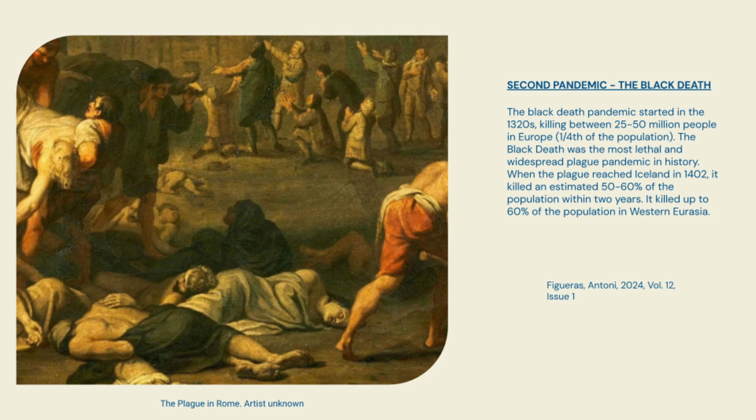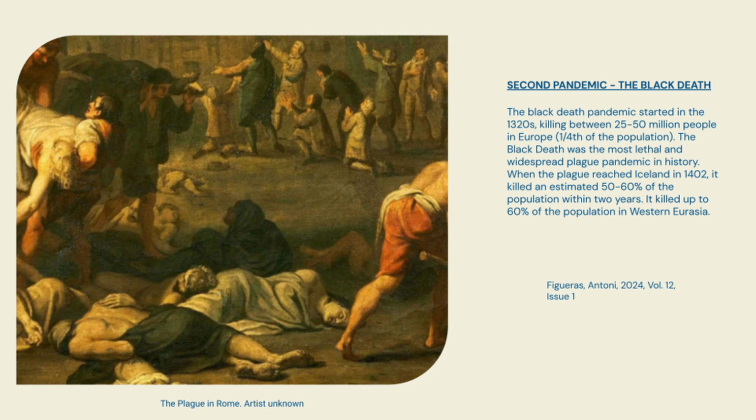That was about a quarter of the population of Europe, so a massive impact. It killed so many people, which is why the Black Death is such an infamous plague. It was truly devastating. It was one of the most lethal pandemics of the plague in history.